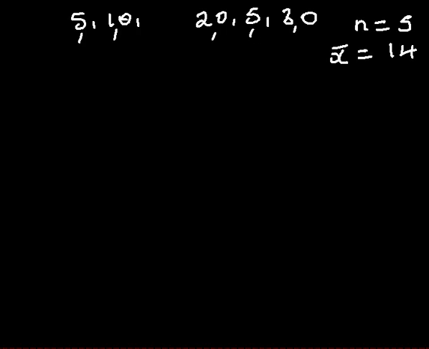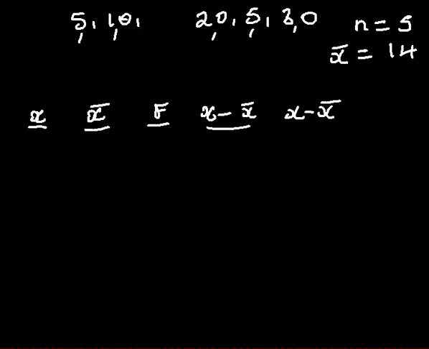Then looking at our formula, we need the table that shows the x values, that is the data values, the mean, the frequency, the deviations from the mean, that is x minus x bar, the squares of the deviations from the mean, and the column of the frequency times the squares of the deviations from the mean.